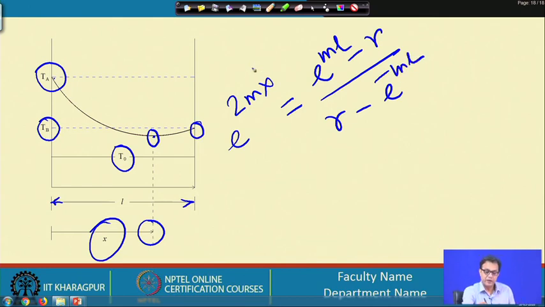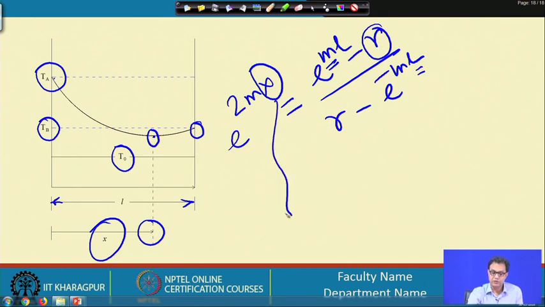So, depending on the temperature ratio theta a by theta b, the value of m and the value of L, we would be able to find the position x where the extremum is located.